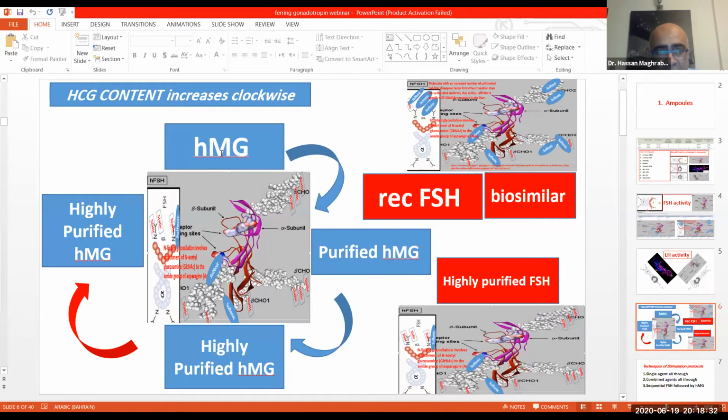And the LH activity in the urinary products is mainly now HCG. Before it was LH in Menogon, for example, and in Merional, and now in Menopur and in Meriofert, they have high HCG content as compared to LH content.